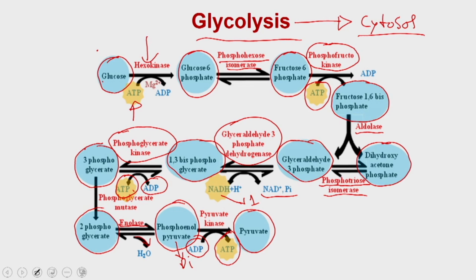So, now if you see very carefully, you have multiple places. Initially when you started with the glucose, you are spending 2 ATPs, one at this place, the other one at this place.